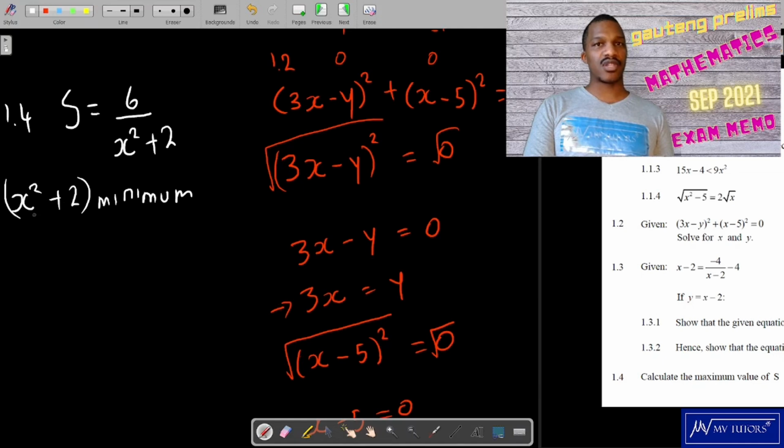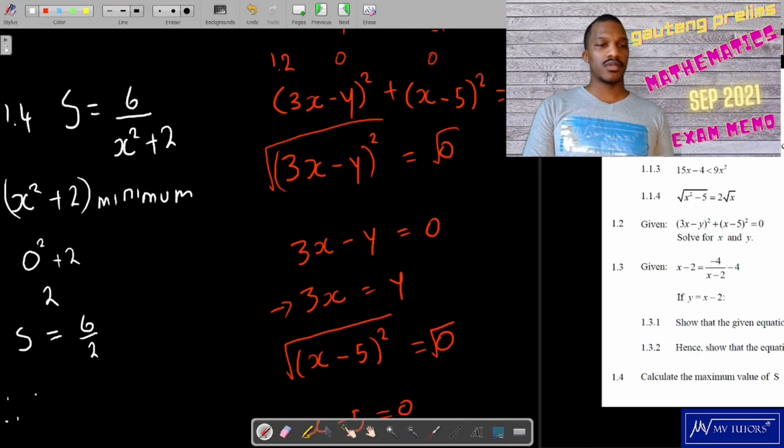The least number you can put is 0, because 0 gives you 0, and negative 2 gives you 4, as well as positive 2 gives you 4. So the minimum value you can get is 2. Therefore, s is a maximum if you are dividing by a minimum value, which is 2.